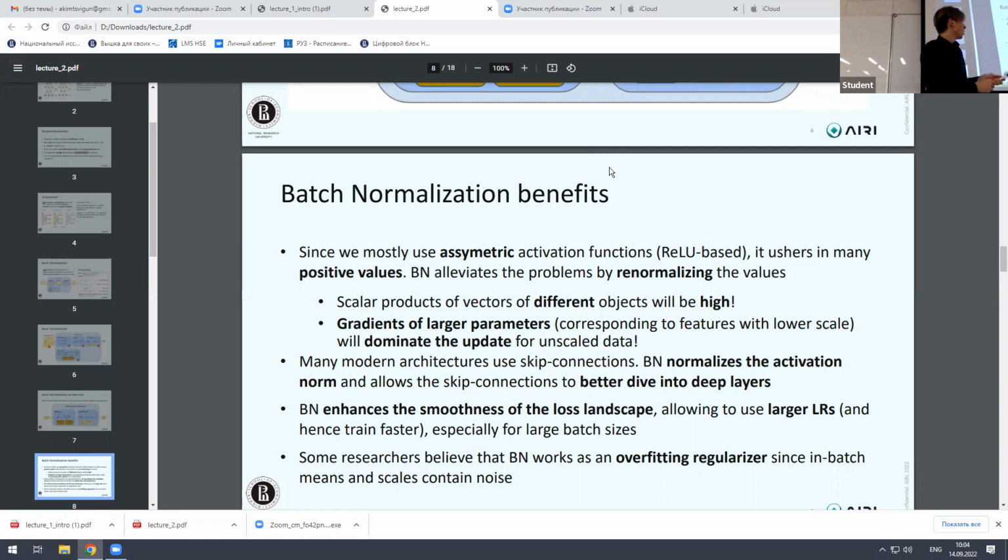That's it. The next point is that many modern architectures use skip connections. Skip connection is a topic which we'll cover in our next lecture, probably lecture 4. Its idea is very simple.